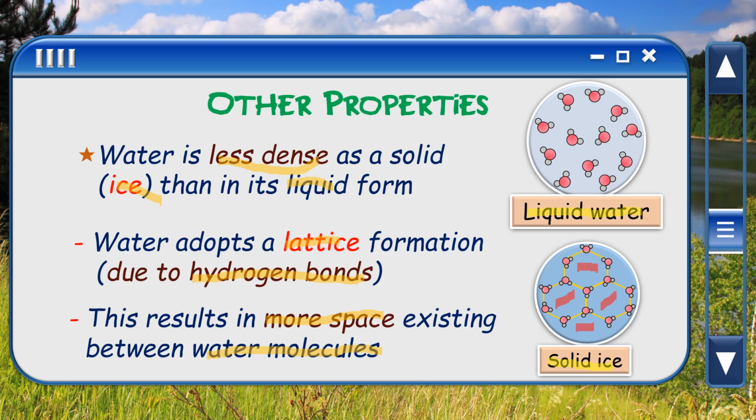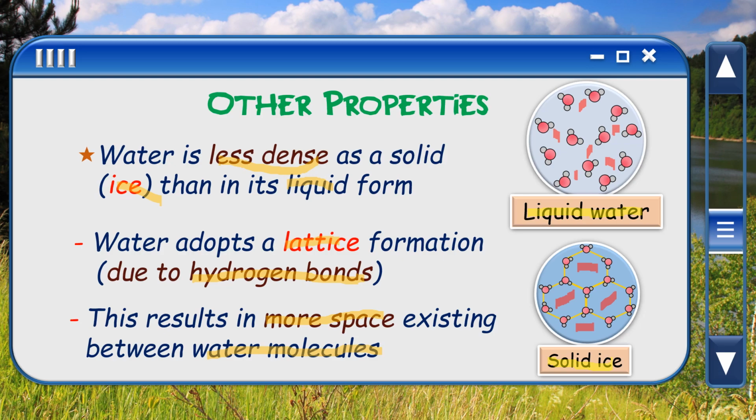Why? In liquid water, the molecules are very, very close to each other. They can easily pack themselves and don't have the lattice they have in ice form.